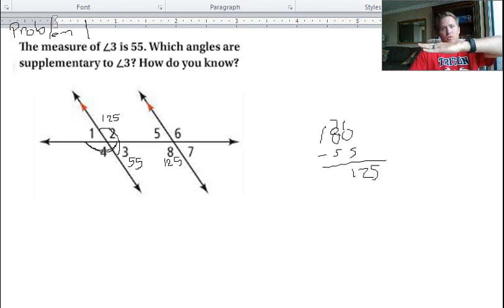They make a straight line, so this also has to be 125. And then right here, 6 and 8 would be the same. So if 6 is 125, then when I add it together with angle 3, they would be 180, which means they are supplementary. Okay.